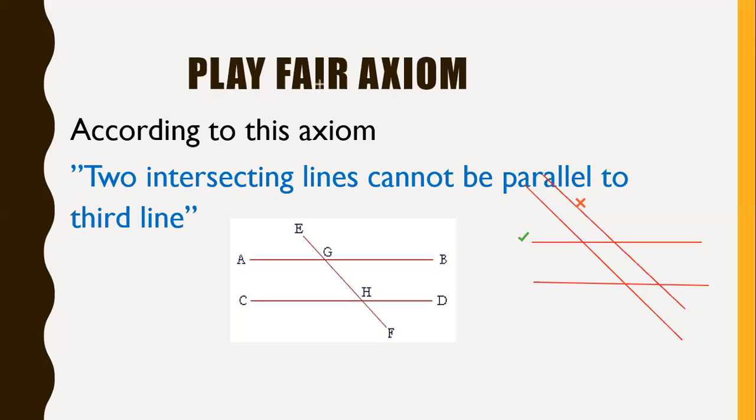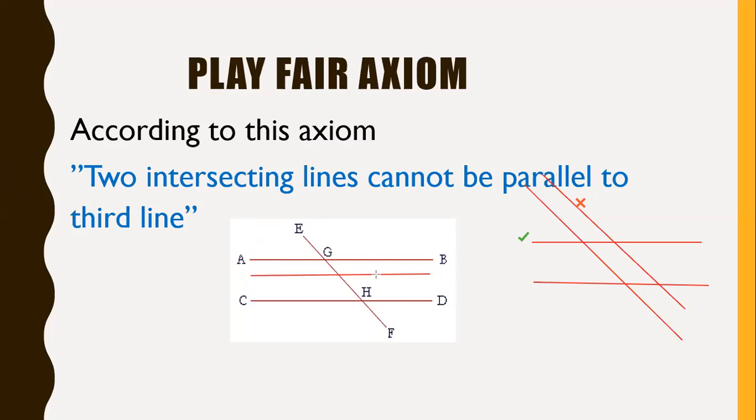Now let me explain again. From the diagram, you can see that AB and EF are two intersecting lines, and I want to draw one line that is parallel to both. I can draw a parallel line like this, but it is not parallel to EF.